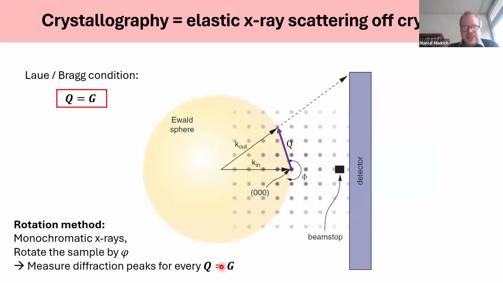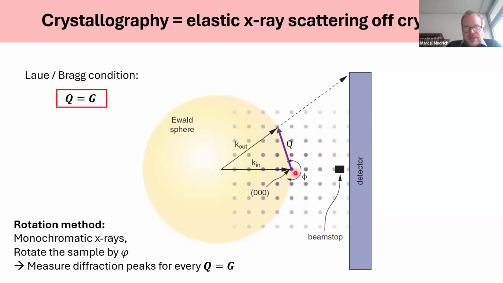Another method, which is called the rotation method, actually uses monochromatic rays. So here the length of K in is fixed. There's only one K in. Here it's indicated with an angle phi.